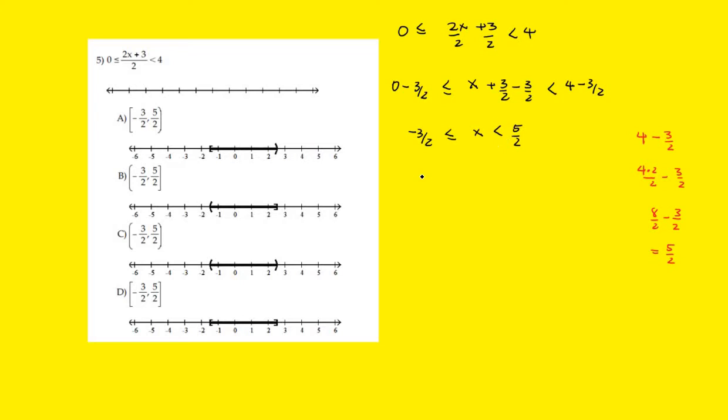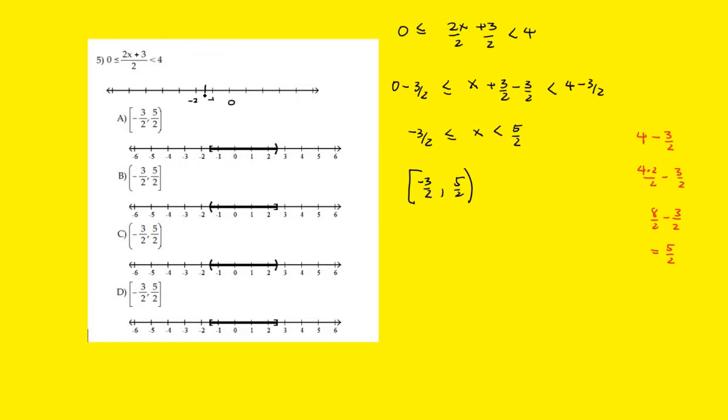So if we write this in interval notation, it will be negative 3/2 and 5/2 in parentheses, not included because it's just smaller. Now we look here. Oh, apparently A is the one. Yes, A is the one, because negative 3/2 is somewhere between negative 1 and negative 2.